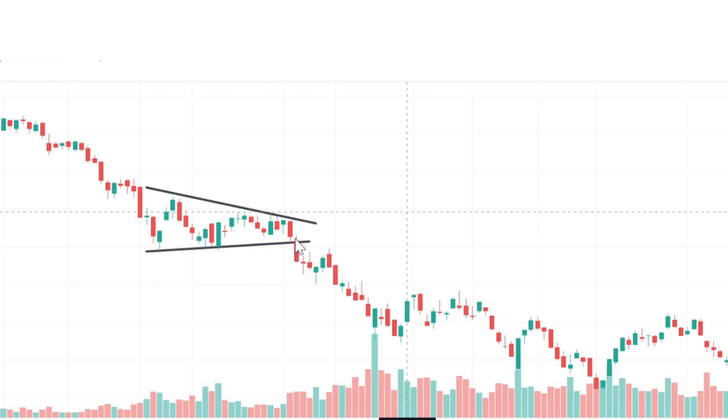So we could either enter on the breakout or we could enter on the retracement. If we enter on the retracement, let's say we enter on this candle here, our stop loss will be 1, 2, 3, about here. And if we enter on this breakout, then our stop loss will be 1, 2, 3, will be here. But it's always better we see this on a live example.